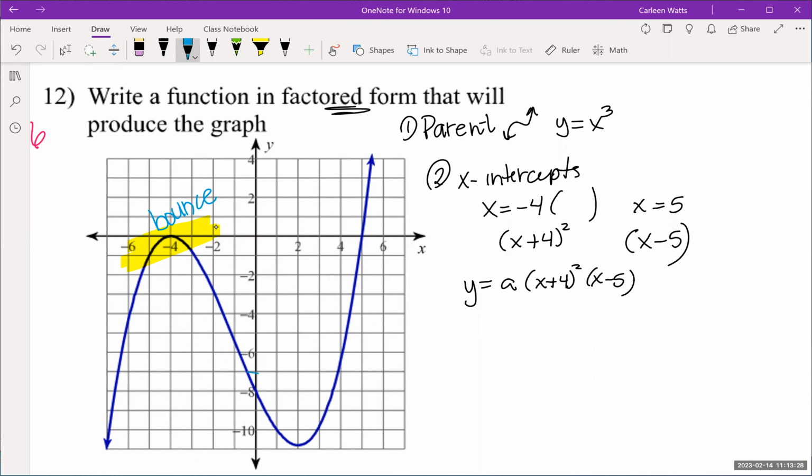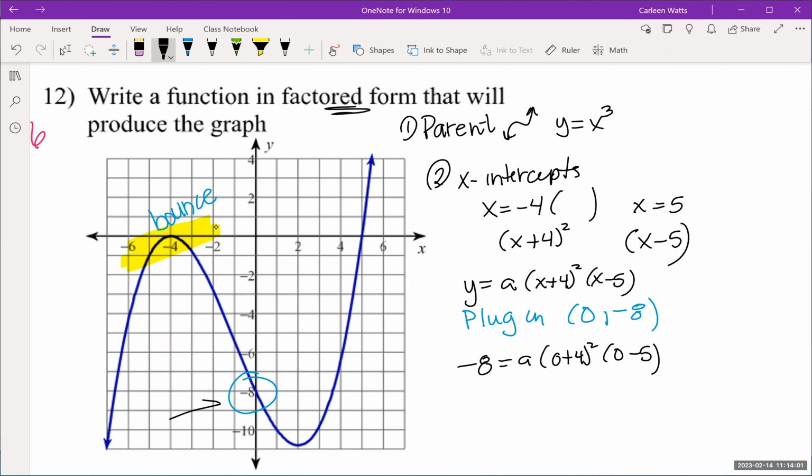So I can leave it in factored form, but I need to solve for a. So we're going to grab this point right here. We're going to plug in 0, -8. So -8 is equal to a times 0 plus 4 squared times 0 minus 5. I could plug in any of these points, but you like plugging in the y-intercept because then you have x equals 0.